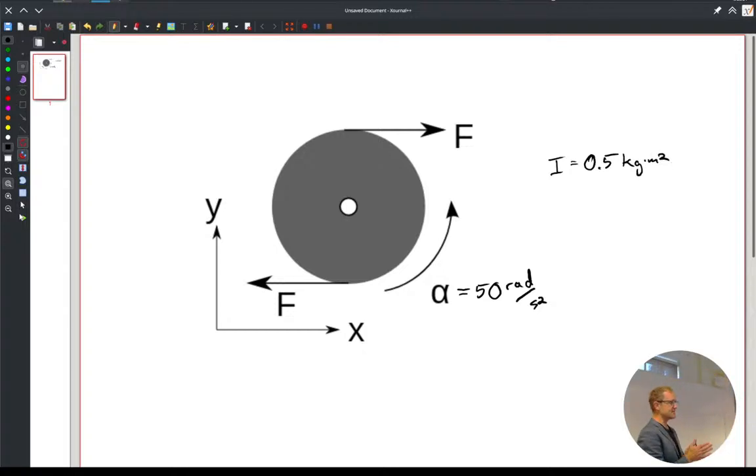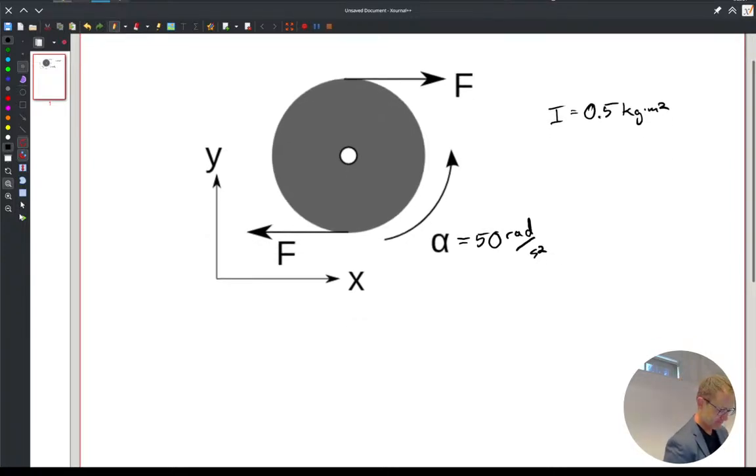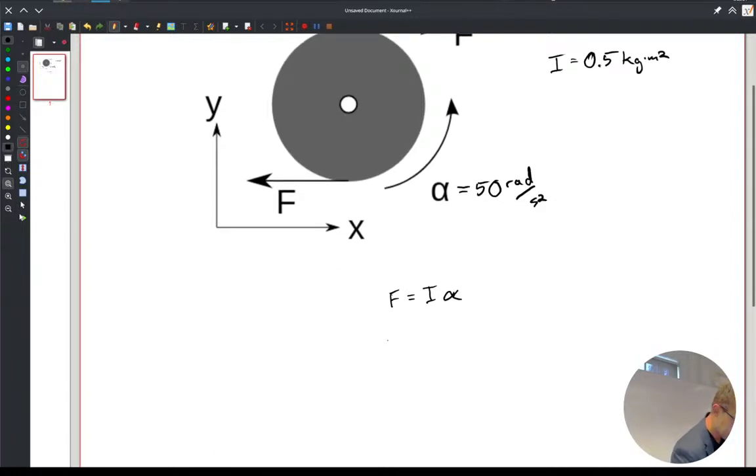So 25 newtons, okay. Only to the left? Or 12? How did you get there? We know this is about the rotation, so it's basically F equals I alpha, and we know we want alpha to be 50, and we have I, so it's 25 times 50, which is 10,000. But we have two sources of that, so each F would be either 25 or 12.